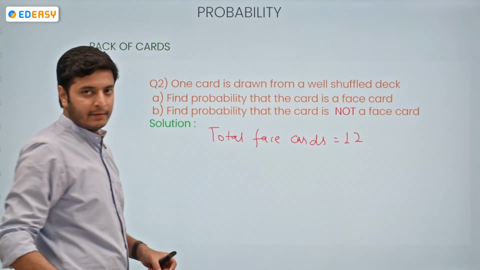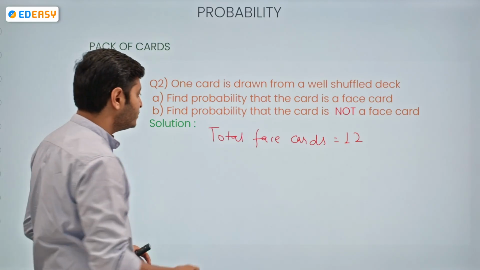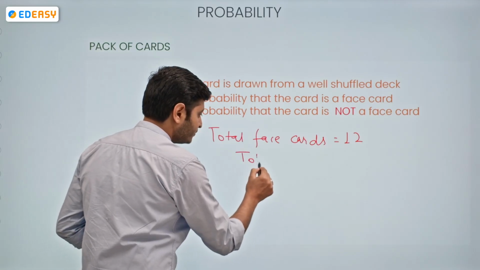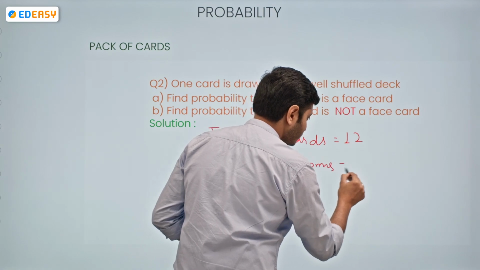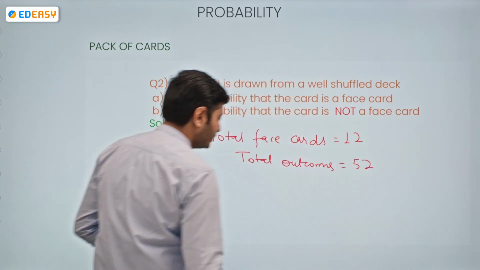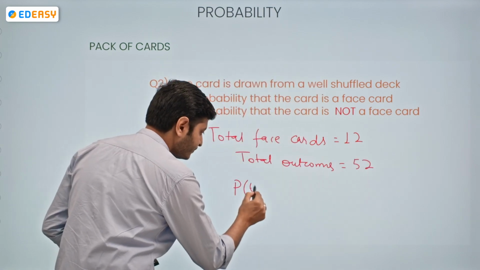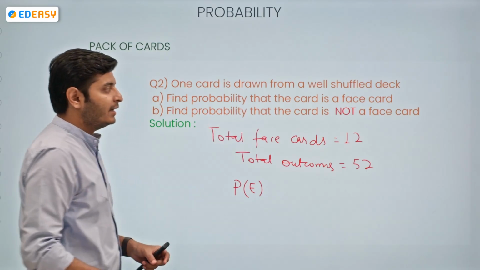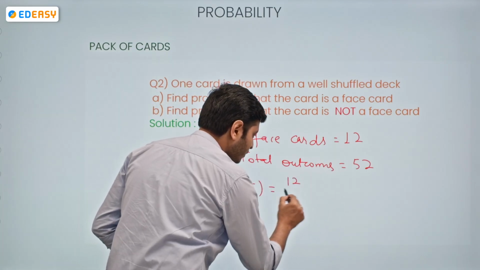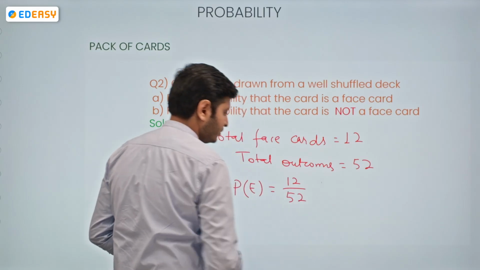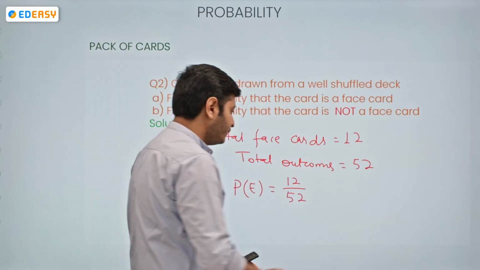So this is also the total number of favorable outcomes, and total outcomes is equal to 52. Then the probability of getting a face card is total number of favorable outcomes divided by total number of outcomes, that is 12 by 52.